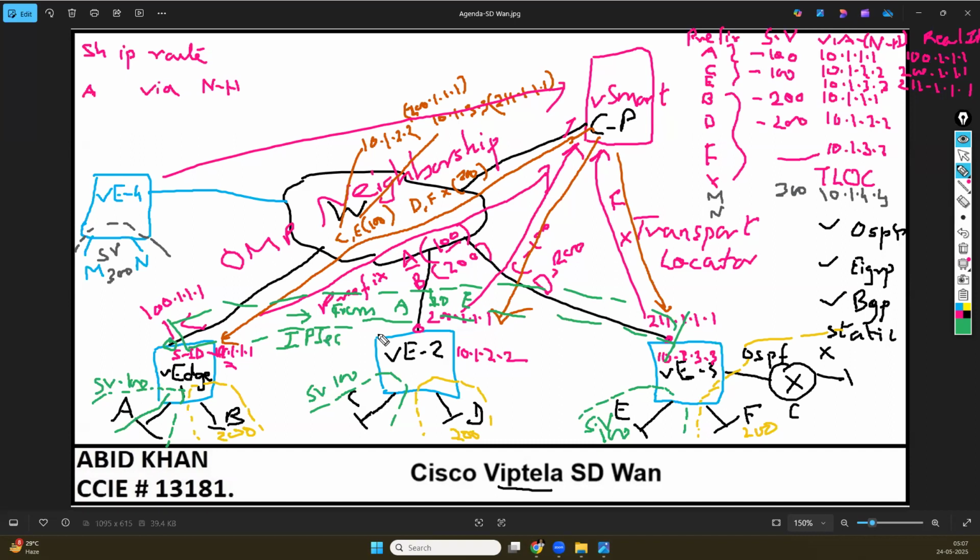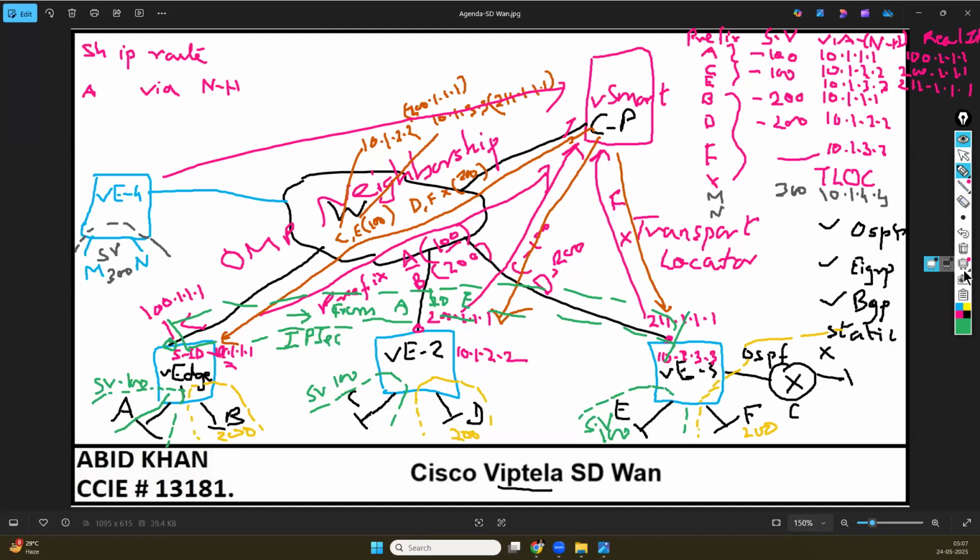And this IPsec tunnel will be encrypted. It will be encrypted only. The source IP will be 100.1.1.1 and the destination IP will be 200.1.1.1. See, originally the prefix will be like this.